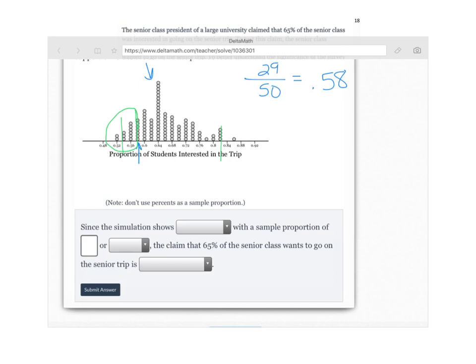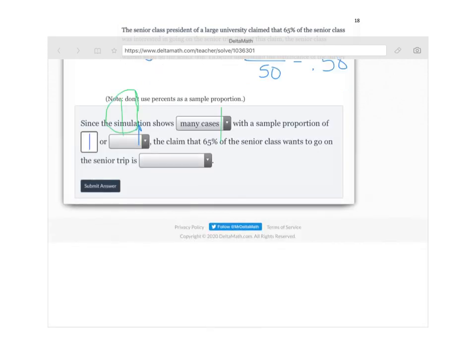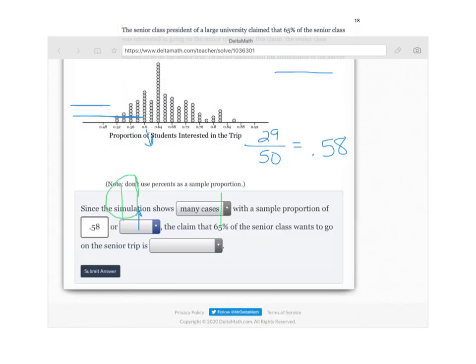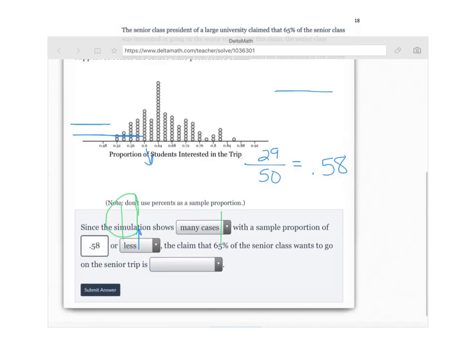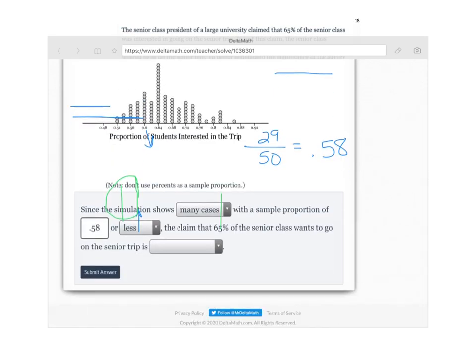So we would say that the simulation shows many cases, or enough cases. I don't know if many is the best word, but there's enough that are 0.58 or less, right? Because we're on this side of the graph, so we're going less. So the claim that 65% of the senior class wants to go on the senior trip is quite reasonable.